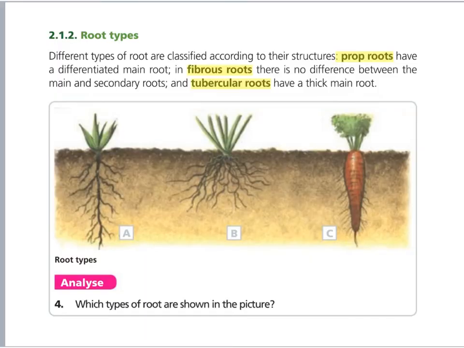Root types. Not all roots have the same shape, okay? So we are going to study 3 different types of roots: prop, fibrous, and tubercular.